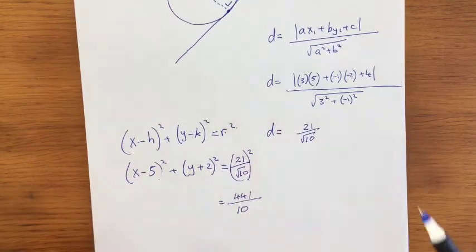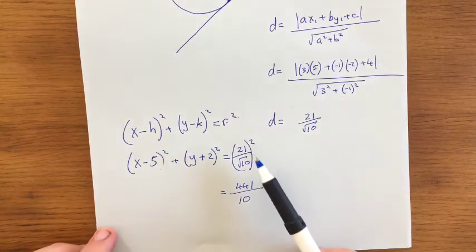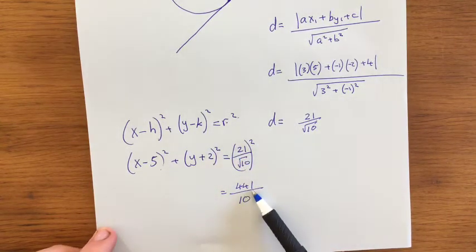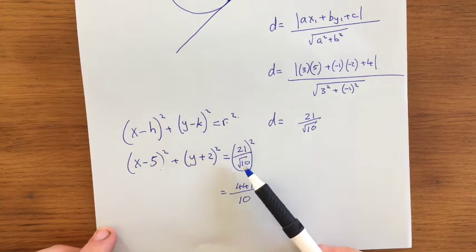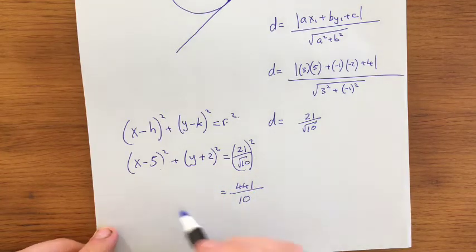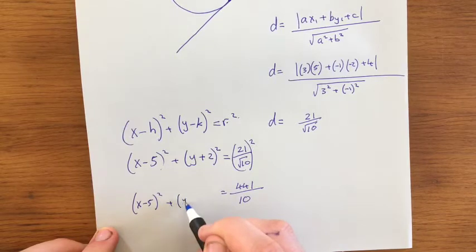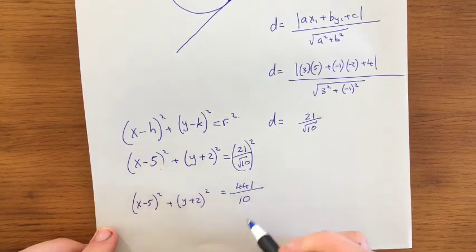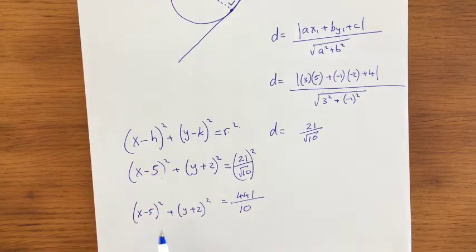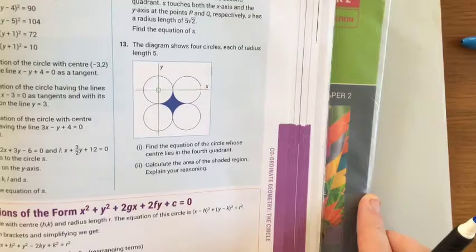And then finally, if you square the radius, 21 squared gives you 441, and the square root of 10 squared will just give you 10. So your final answer then is just x minus 5 squared plus y plus 2 squared is equal to that. And once again, you don't need to worry about squaring out those brackets.